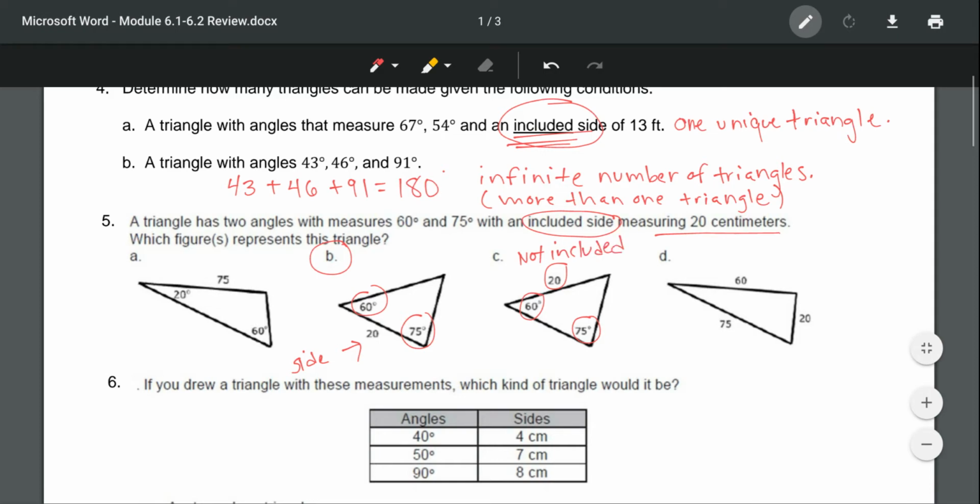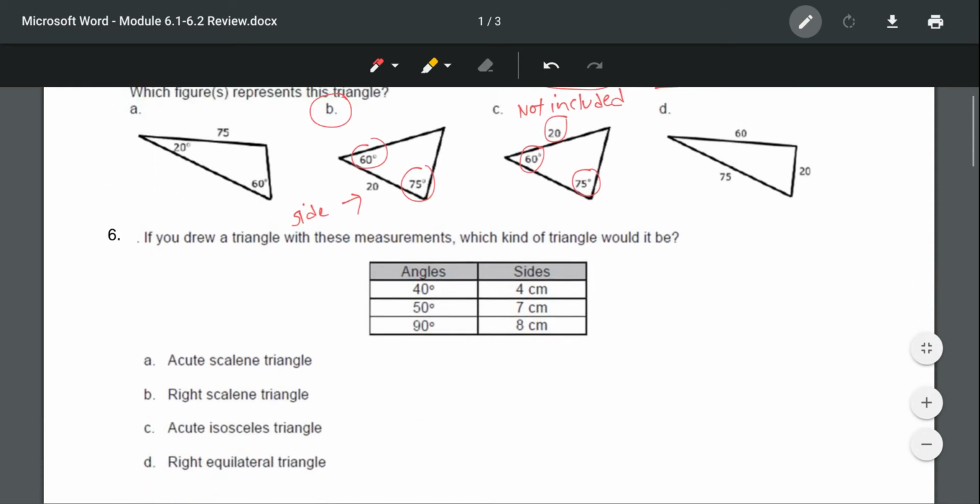So that means that C wouldn't work because you're looking for the included side being between the two angles. D, all of the sides are labeled. So instead of the angles being measured and one side being labeled, all of the sides are measured as 75, 60, and 20. So that wouldn't work because this is completely wrong. Okay, so the only one that works would be B.